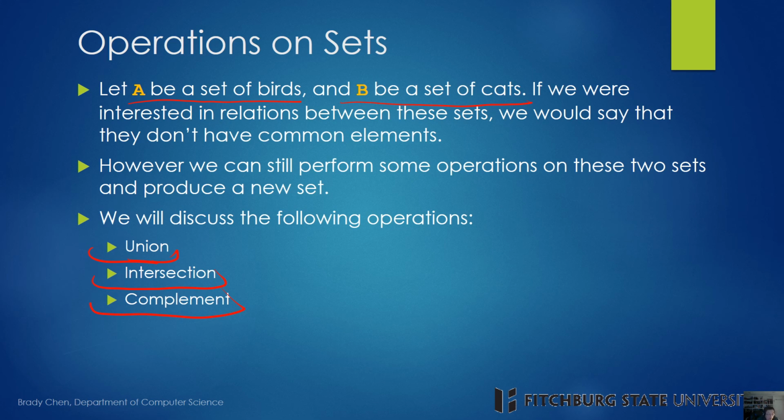So these are disjoint sets. However, can we perform any kind of operation on A and B? We can actually create a new set based on these two sets. That's something we're going to talk about.